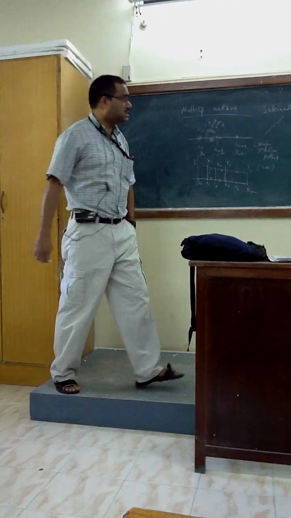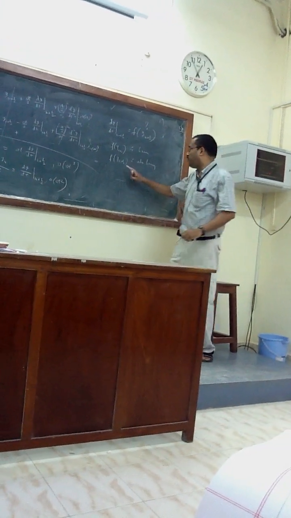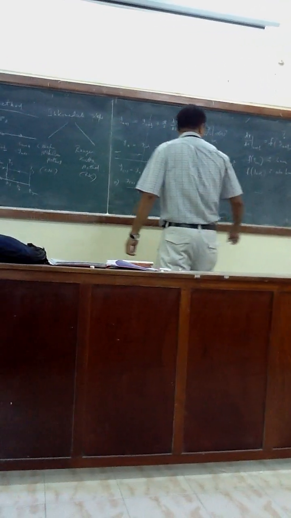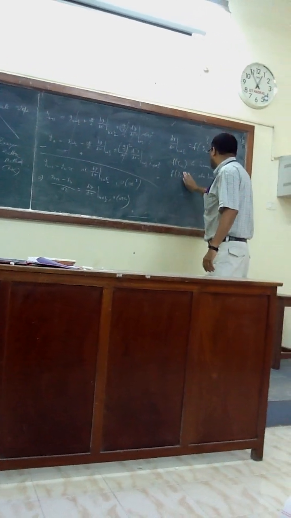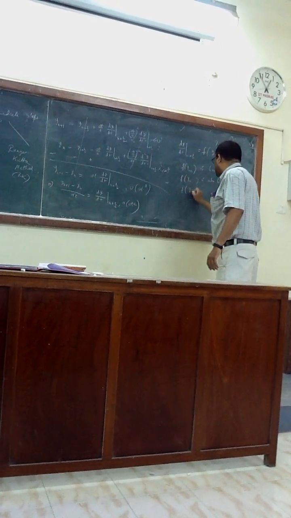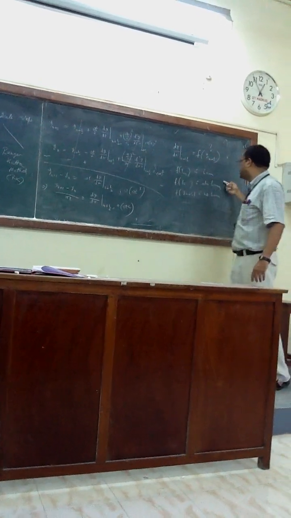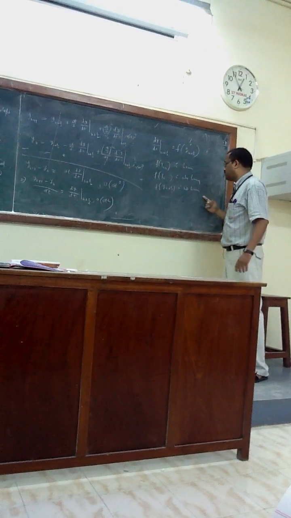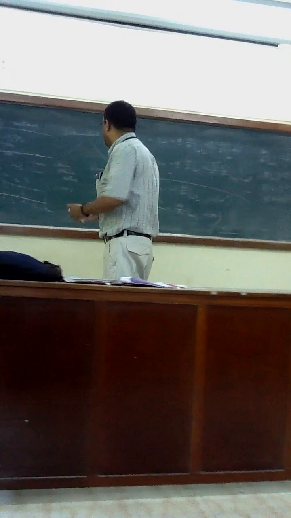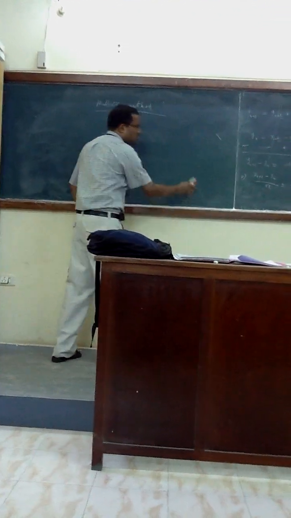Can we expand the Taylor series of f of y_{n+1} with respect to y_{n+1/2}? Please correct it: f at n+1 is known, f at n is also known, f at n+1/2 is not known. Because sometimes what I say and what I write are not synchronized, so I have to be very careful. Okay, how to do that?